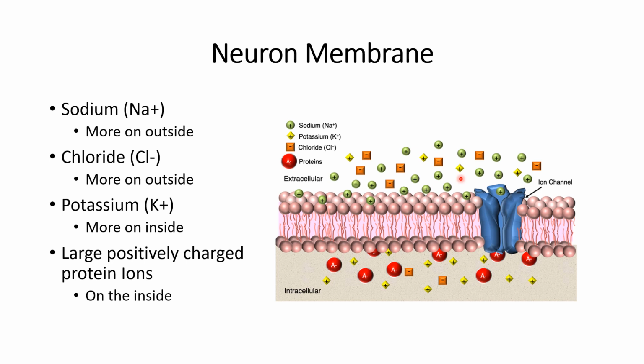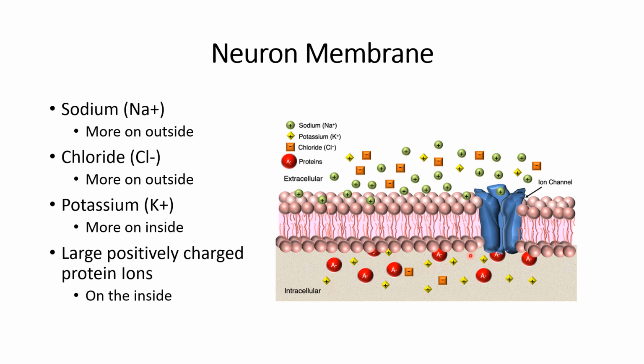And that's a very important thing we need to remember: there's tons of sodium on the outside, kind of wanting to get in. You can see how it's lining up over here. And we have a lot of positively charged potassium on the inside. Those are two very important ions that we're going to be talking about when we talk about cellular communication.